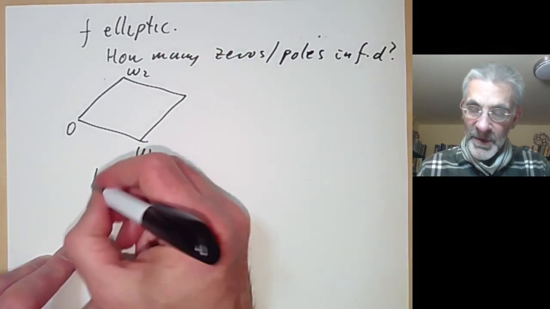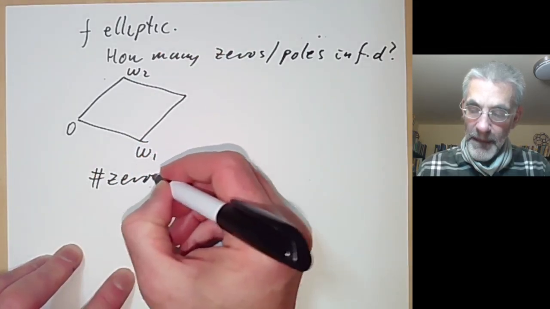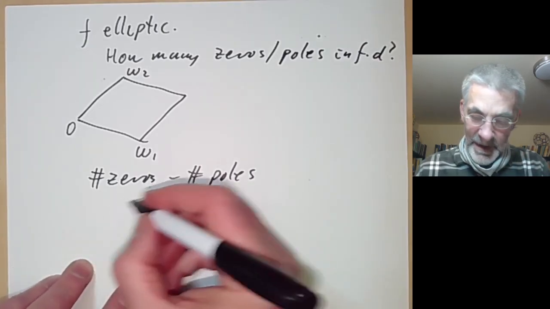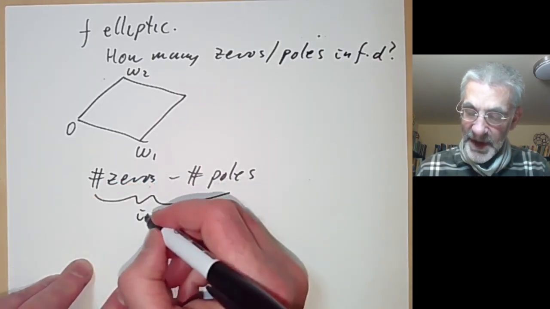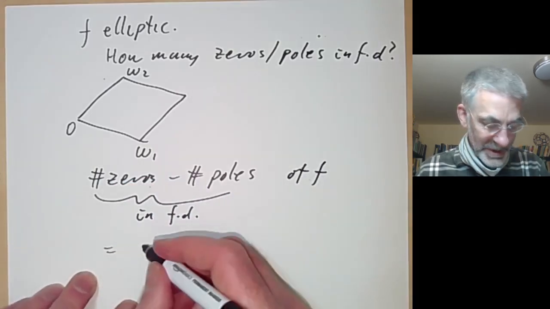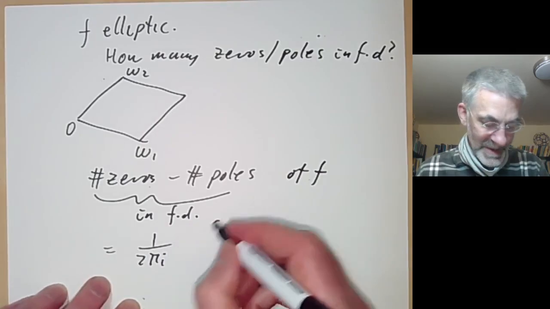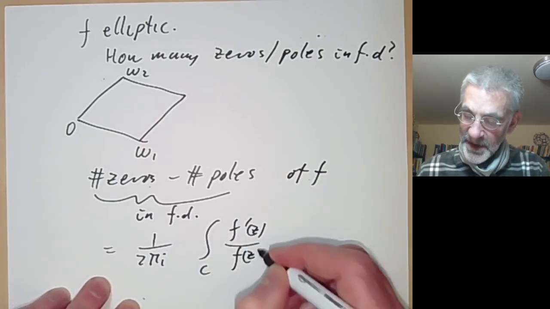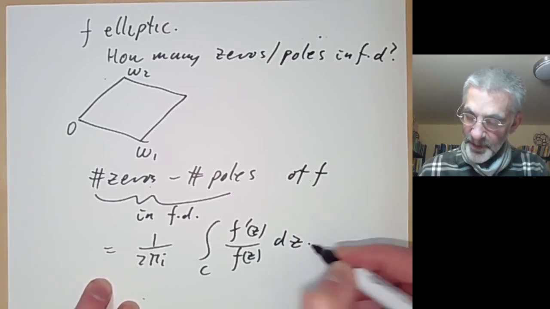And the number of zeros minus the number of poles of f in the fundamental domain is equal to 1 over 2 pi i times the integral over C of f prime of z over f of z dz.